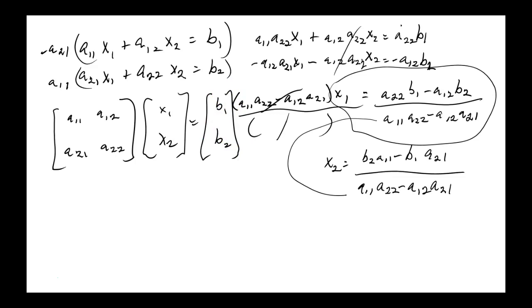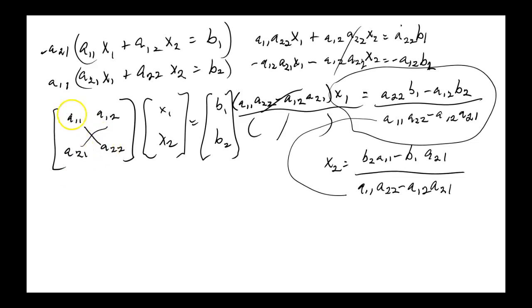Now, let's look at that denominator and see what it is. A11 times A22 minus A12 A21. Look at that. That is what we define as the determinant of the coefficient matrix.